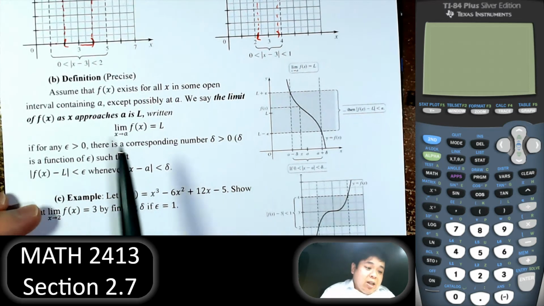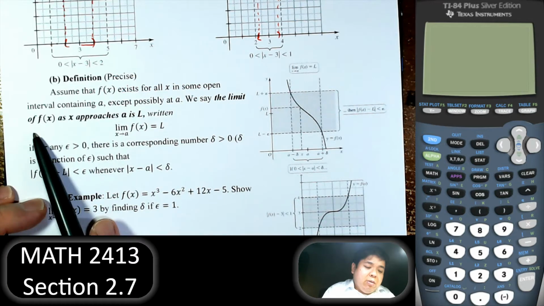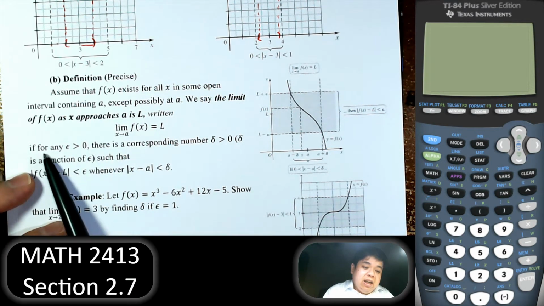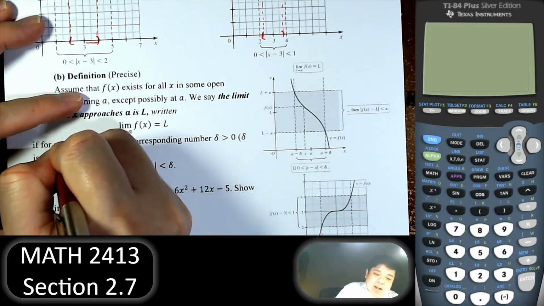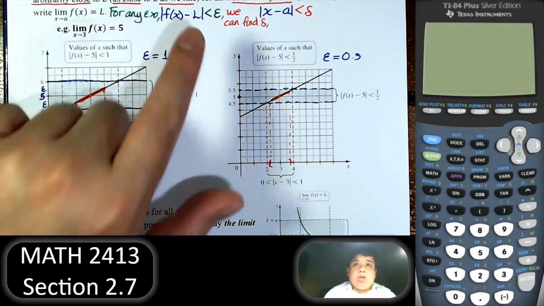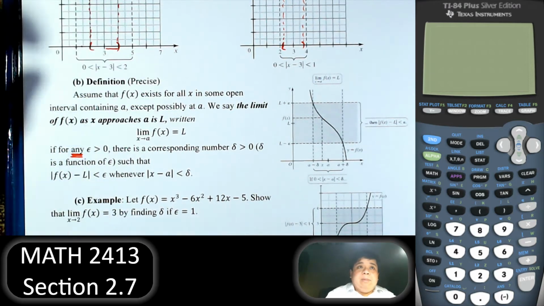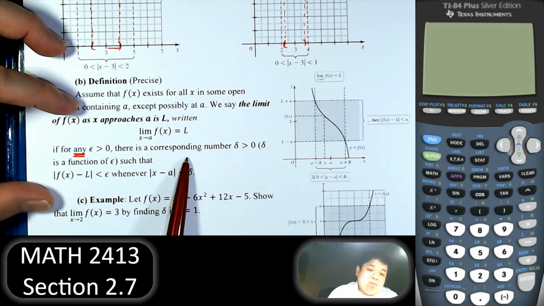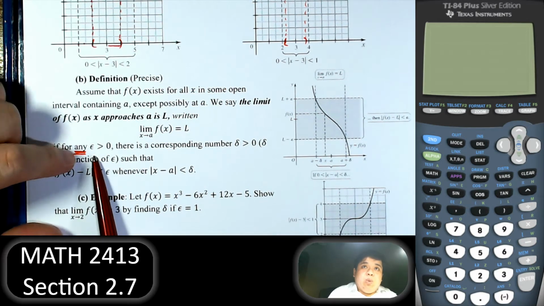So we say the limit of the function as x approaches a is L, written like this, if for any, so every little detail here is important. For any means arbitrarily, or as close as we like to. So that's why we choose epsilon to be anything. So for any epsilon positive, there is a corresponding delta, meaning that depending on epsilon we can find delta.